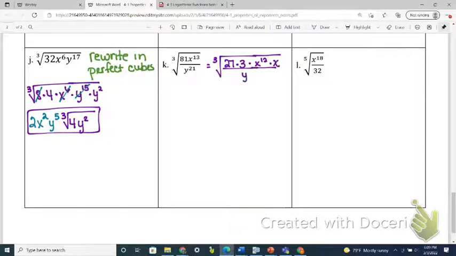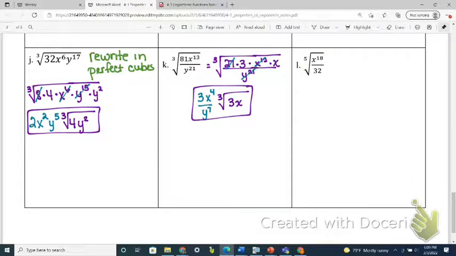Y to the 21 is divisible by 3, so I just leave it as y to the 21. So 27 is going to come out as a 3. X to the 12th, 12 divided by 3 is x to the 4th. 21 divided by 3 is y to the 7th. And then what's left inside is 3x. And there's your answer.